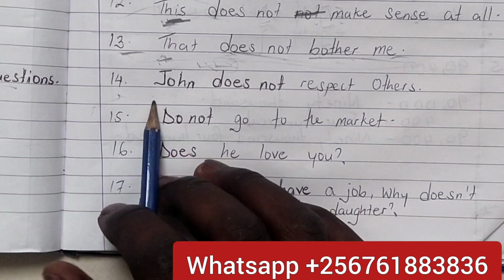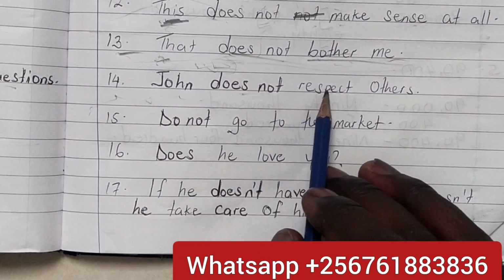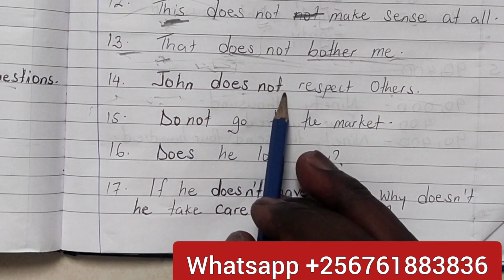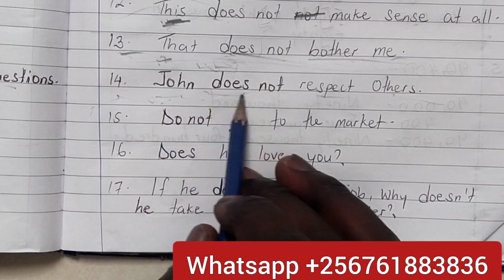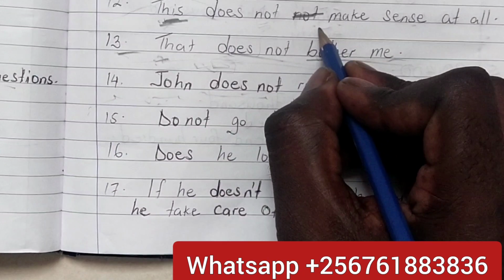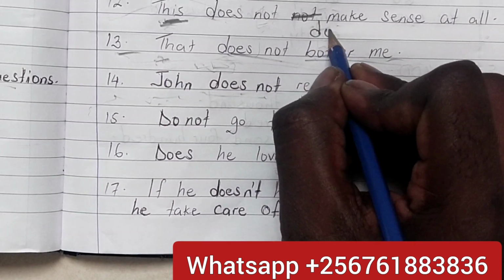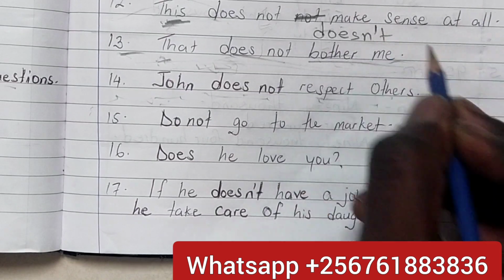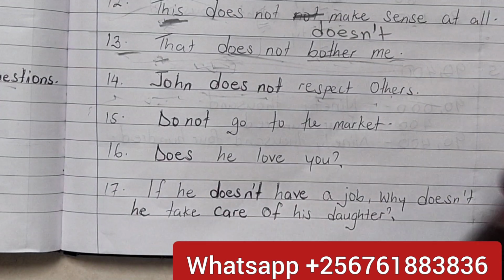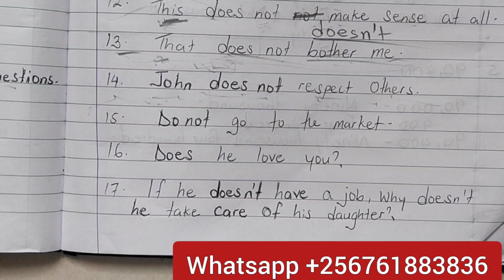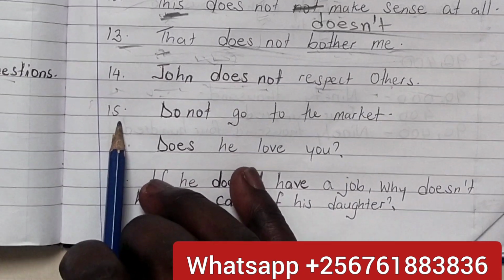Number 14. John does not respect others. John doesn't respect others or John does not respect others. This is how we write doesn't: you put an apostrophe right there, in between N and T, and we read it as doesn't.